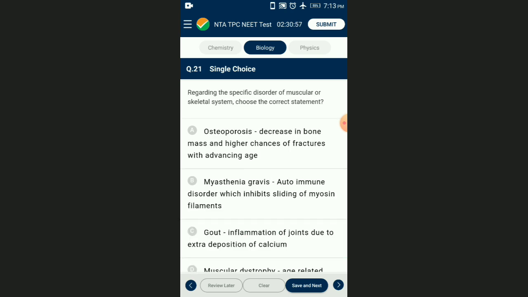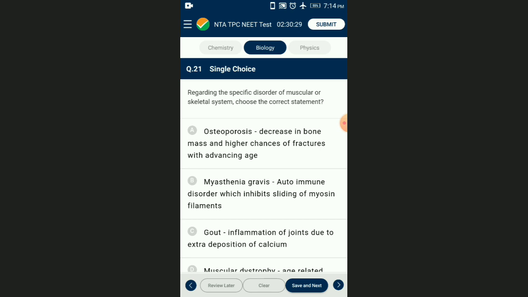Question number 21. Regarding the specific disorder of muscular or skeletal system, choose the correct statement. Osteoporosis is an old age disease caused by reabsorption of calcium and phosphate from bone due to hypersecretion of parathyroid hormone and less secretion of estrogen in post-menopause condition.